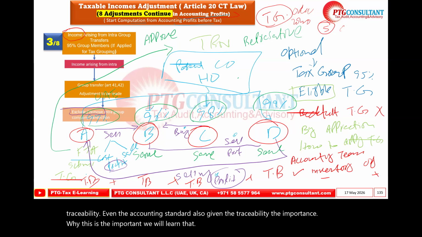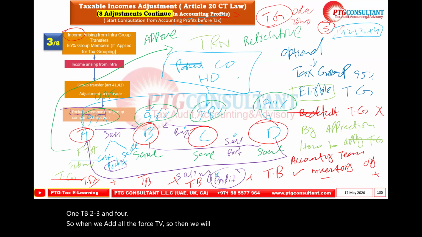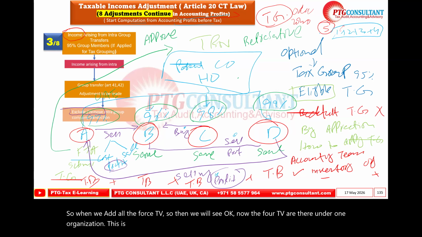So if we record the 4 TB under one organization, 1 TB, 2, 3, and 4, and add all the 4 TB, then we will see the 4 TB are there under one organization. This is the one organization that we call the tax group. I'm saying this for practical implication, how to handle, how to record, how to keep the record.